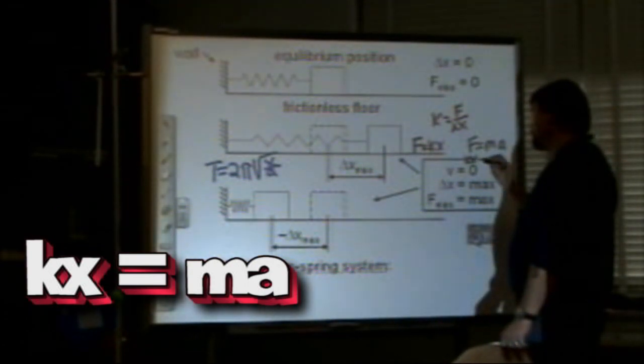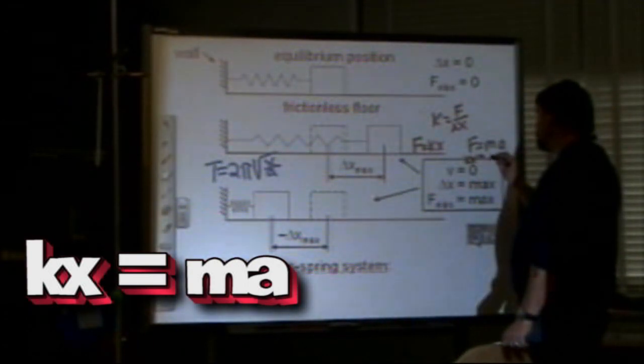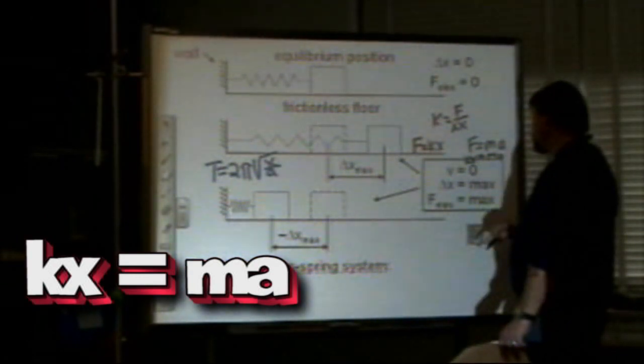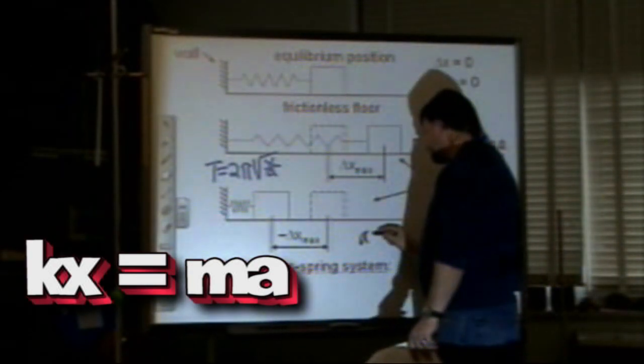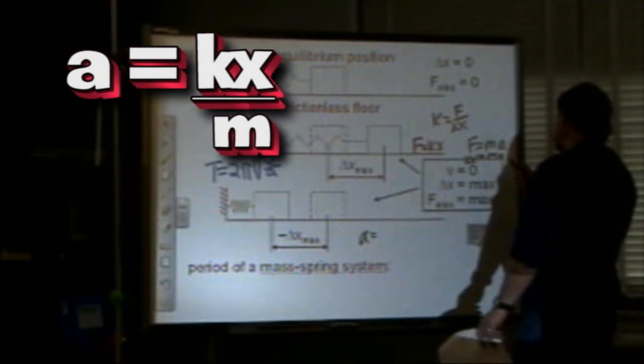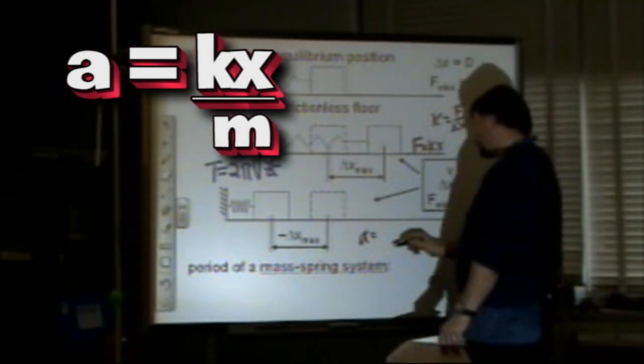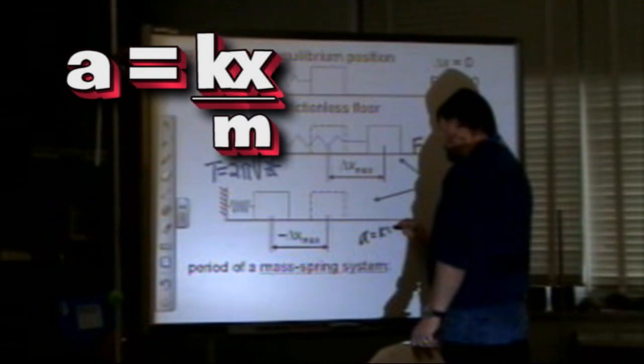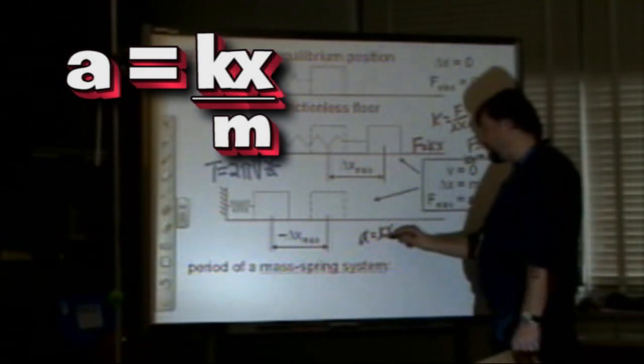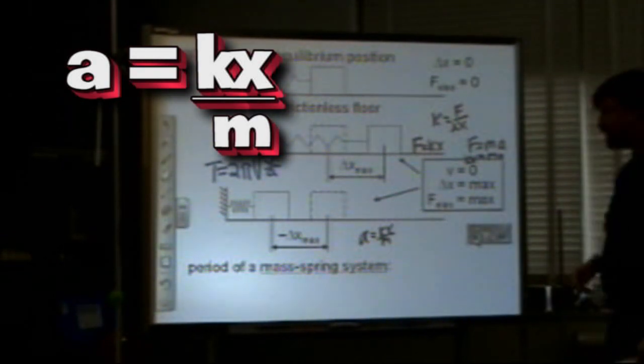spring constant times the displacement is equal to a mass times an acceleration, and we have an acceleration is equal to a spring constant times displacement over the mass of the object.